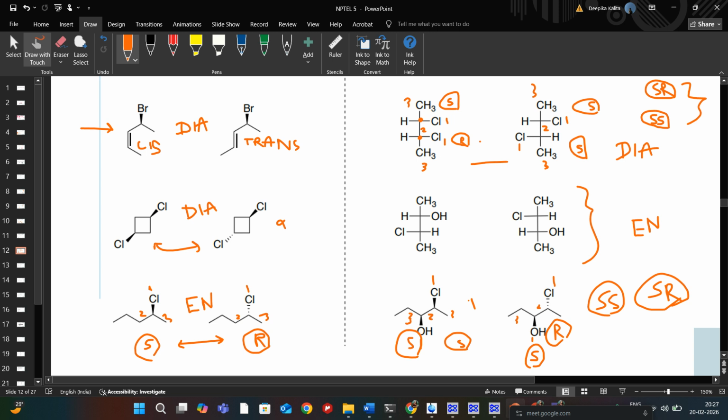Hence, this particular pair will be diastereomers. I hope this is clear to you.